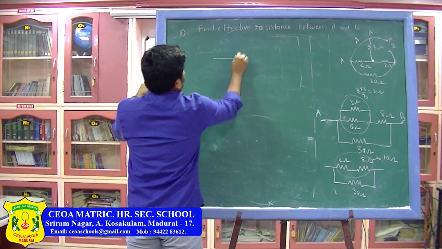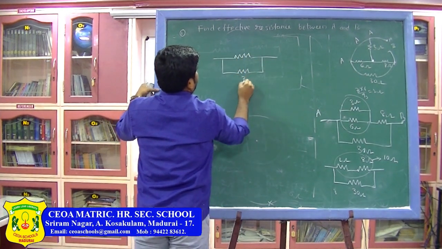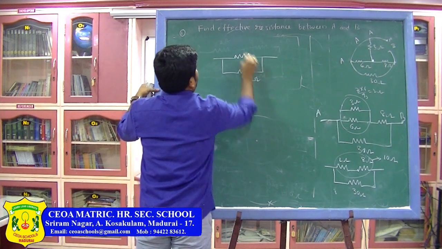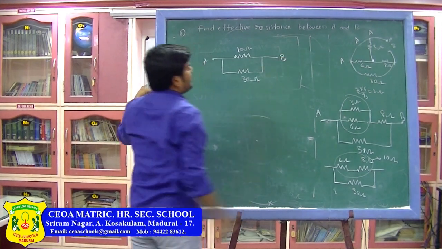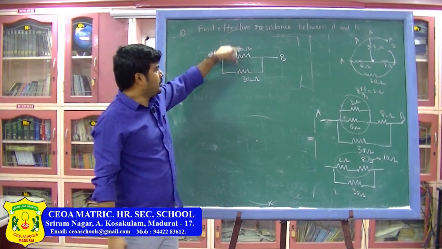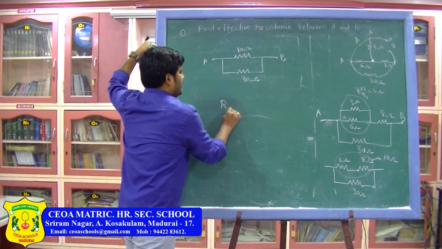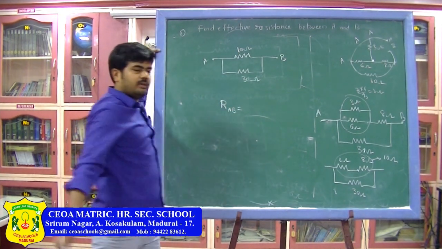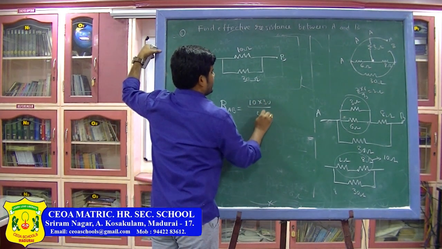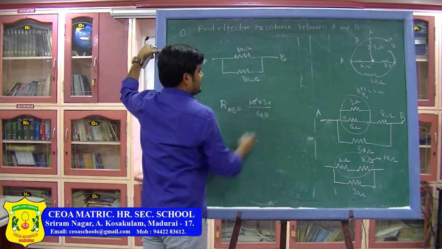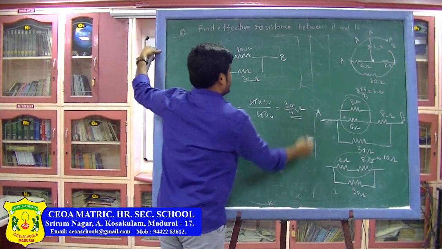Now the resistance between point A and B is the parallel combination of this 10 ohm and 30 ohm. So RAB, the resistance across points A and B, is equal to 10 into 30 by 10 plus 30, that is 40. So you can cancel, and you will get 30 by 4 ohm. This is the answer for this problem.